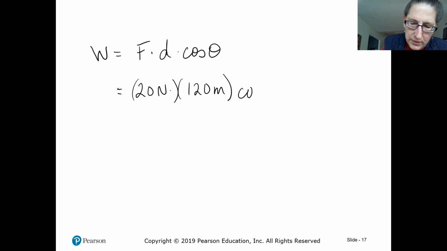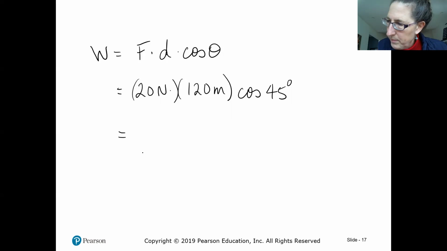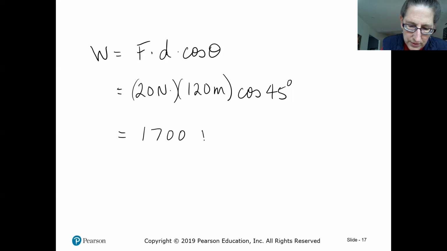And the angle between those two was 45 degrees. So when you punch that out, you get 1700 joules again. It's positive. That strap is trying to speed the suitcase up. Whether it succeeds or not doesn't matter. It is in the direction of motion, so it's trying to speed it up.